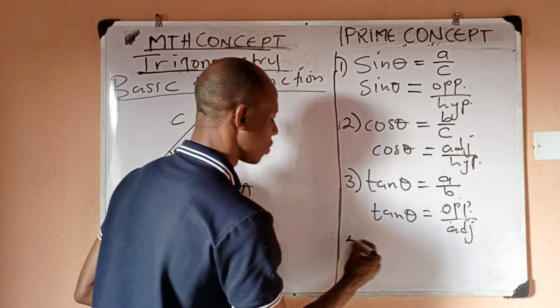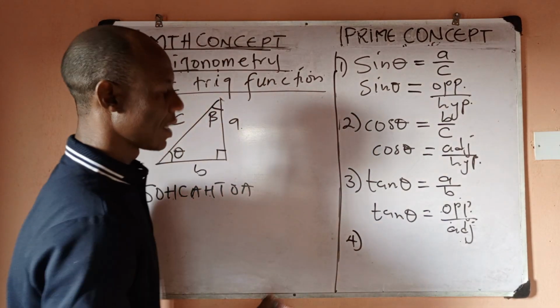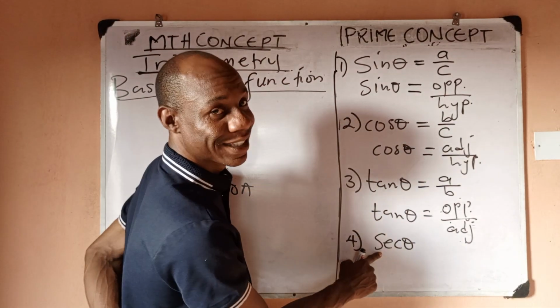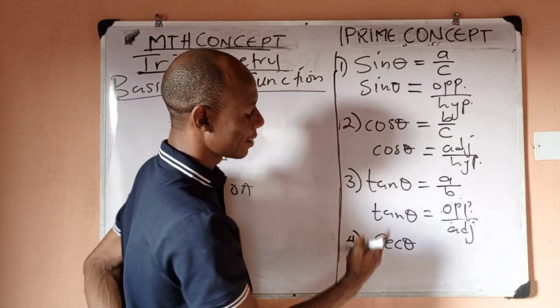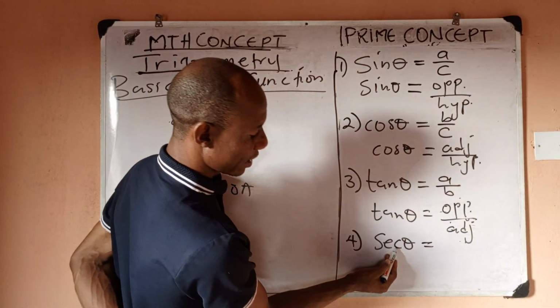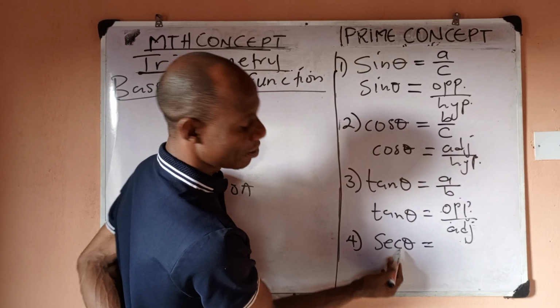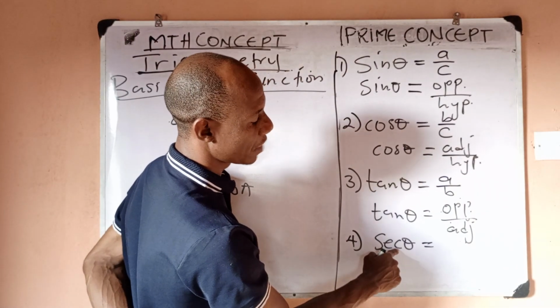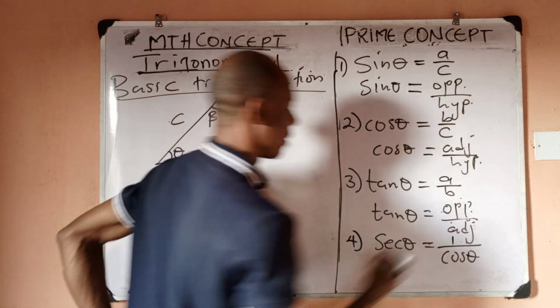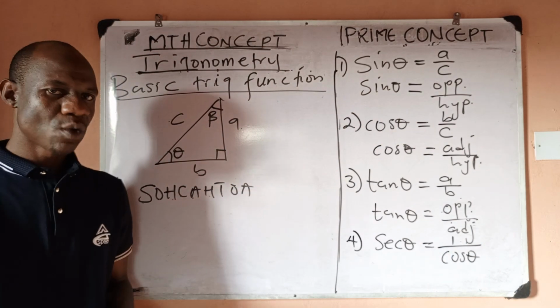So my 4th one is what we know as sec. The full name is secant, right? But we call it sec for short. Using this C, you would remember: sec is just 1 over cos. Sec is 1 over cos theta.